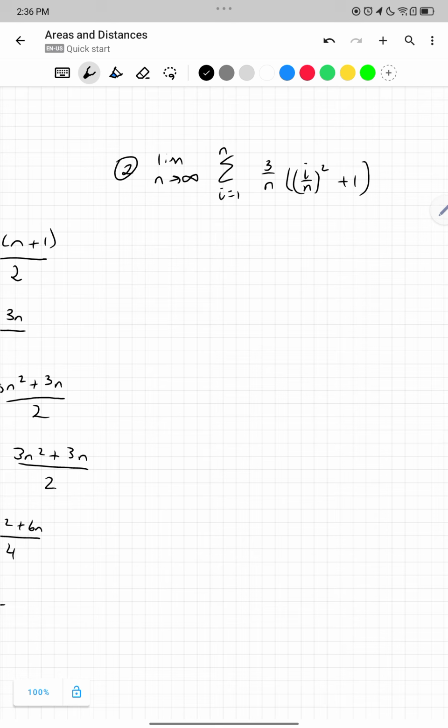Right? So what if you were given this? So basically you would have to start by simplifying this. So the limit as n approaches infinity.